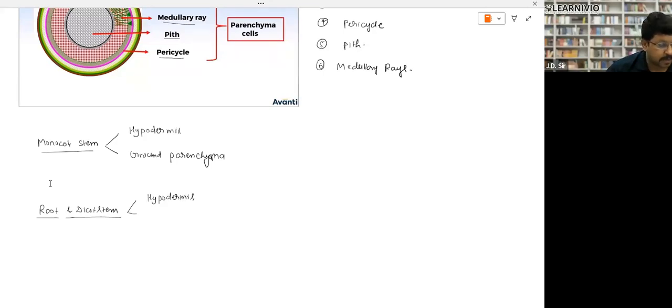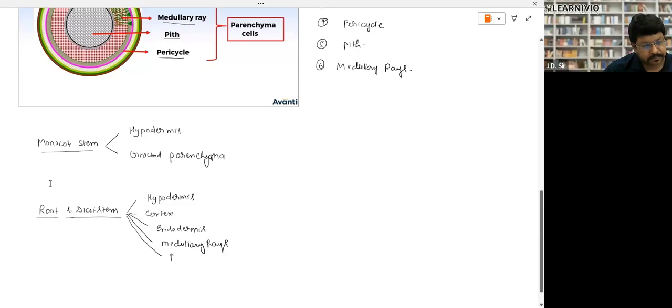After epidermis, there will be hypodermis, then cortex, then endodermis, and then medullary ray, and then pith. Please note it down.